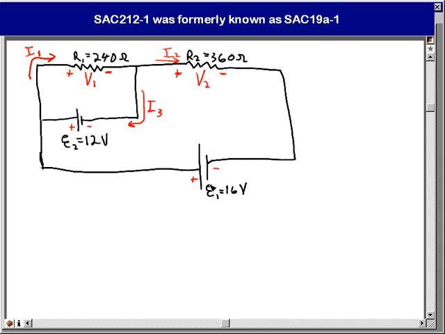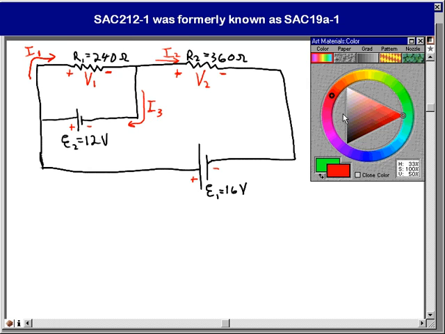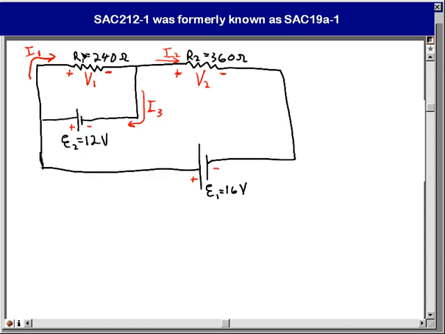Okay, then I want to apply the loop rule. So I define a loop here. Go around this small one inside. I'll call that loop 1.